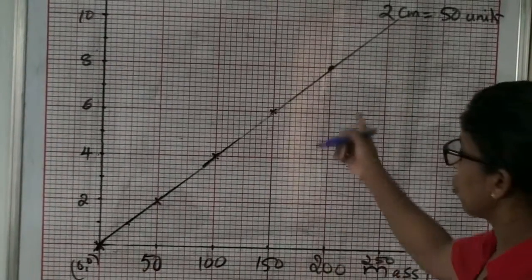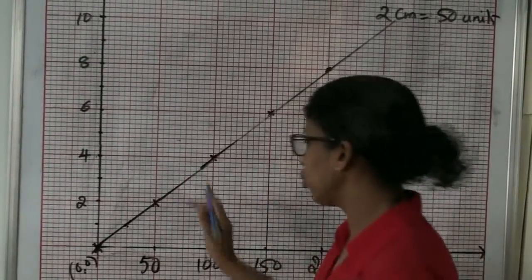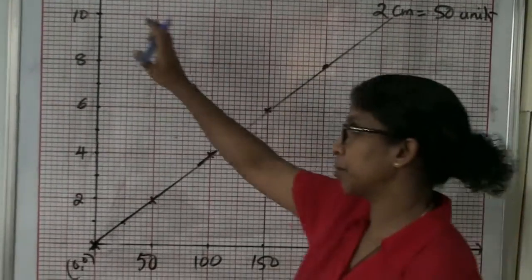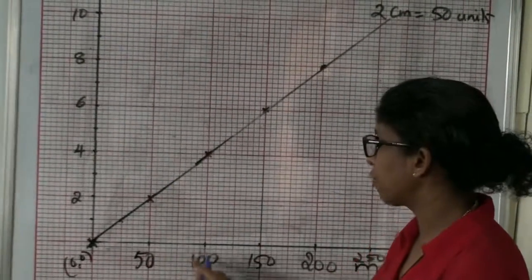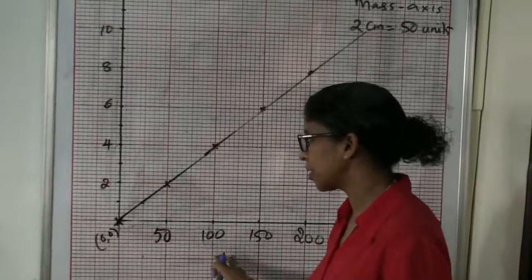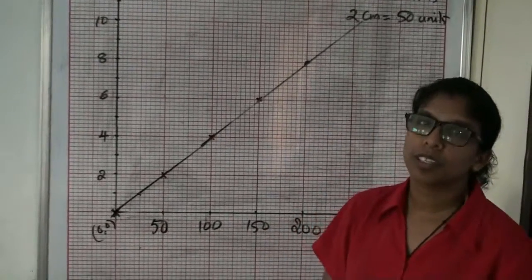The straight line shows that the force is directly proportional to extension. As the force doubles, extension also doubles.